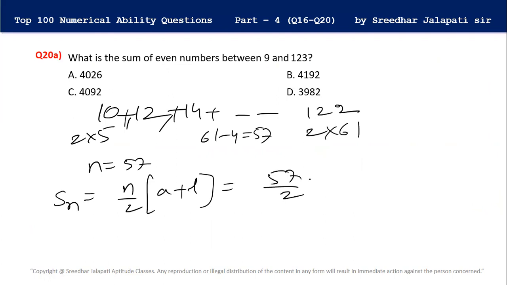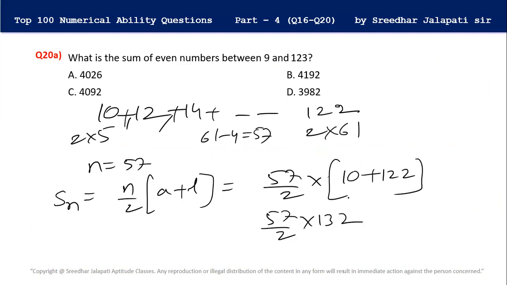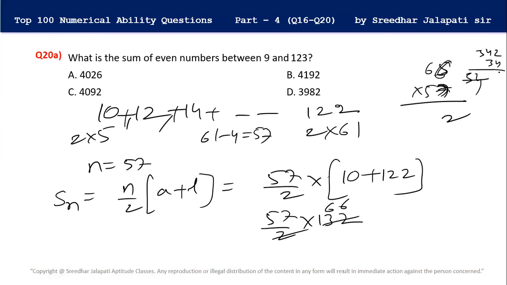So 57 by 2 into (a is 10 plus l is 122), so 57 by 2 into 132. On simplification, 66 times 57, which gives 3762.